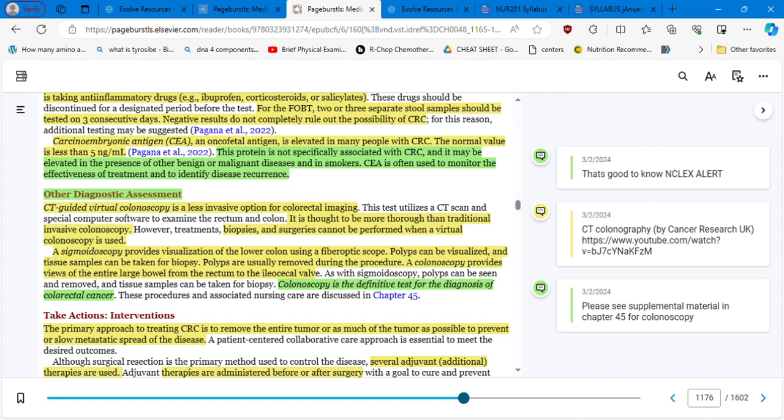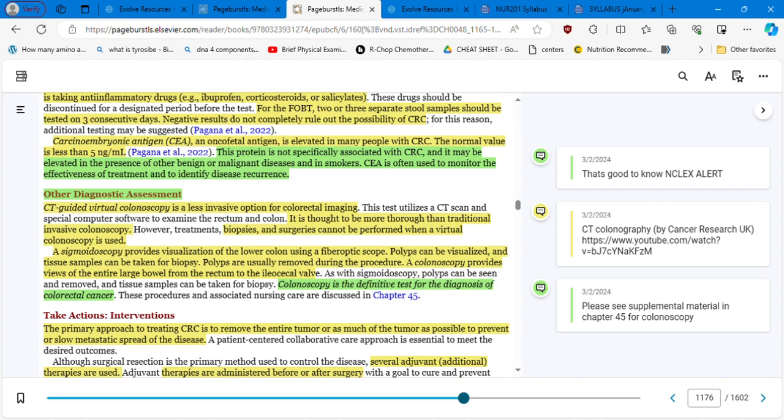This protein is not specifically associated with CRC, and it can maybe be elevated in the presence of other benign or malignant diseases and in smokers, okay? So probably a smoker can have an elevated CEA and maybe does not have any masses, any malignancy, okay?